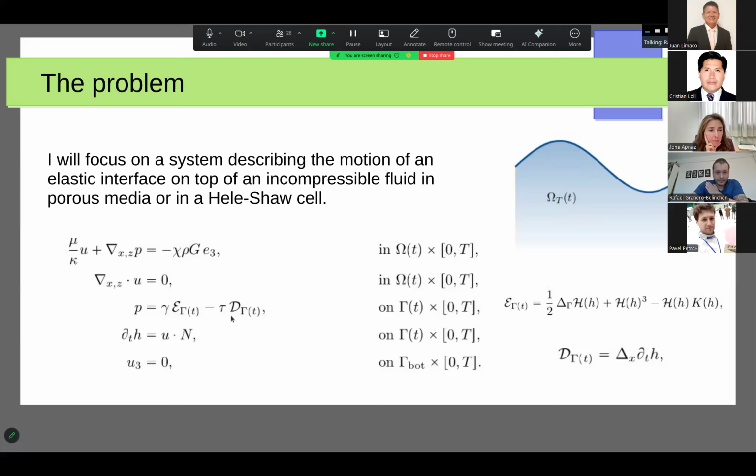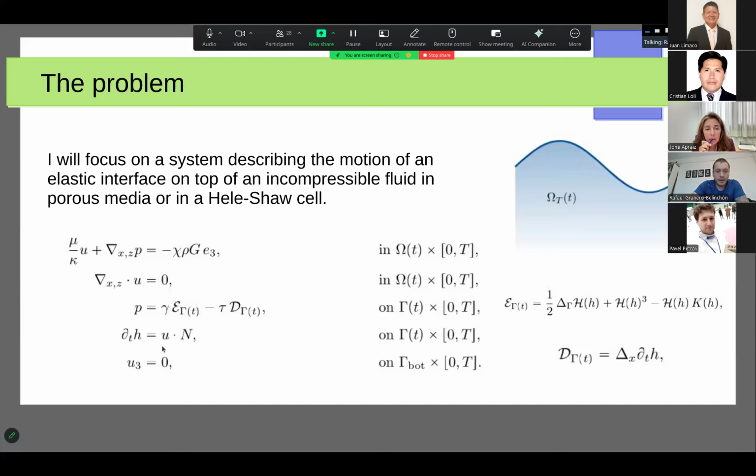These two equations are satisfied in the bulk, in the blue bulk of the fluid. The elastic membrane is assumed to be a graph, let's say the graph of the function h, and it satisfies this evolution equation right here. So it's just transported by the fluid.